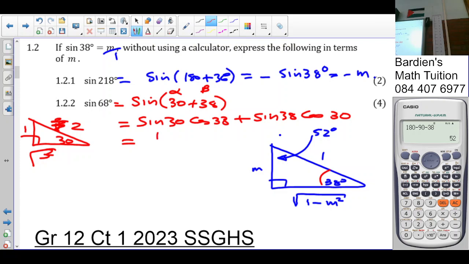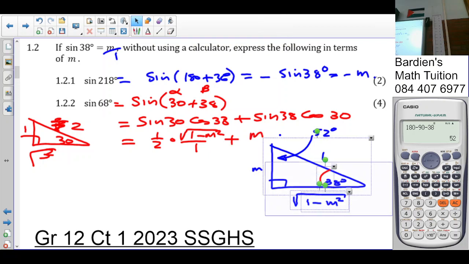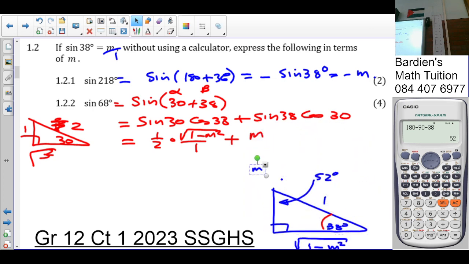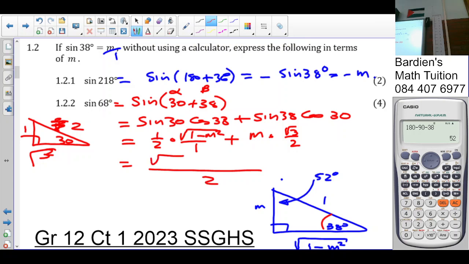So sine of 30 is half, times cos of 38, which is adjacent over hypotenuse, the square root of 1 minus m squared over 1, plus sine of 38, which is m, times cos of 30, which is root 3 over 2. As you can see, the denominator is the same throughout. So it's going to be 2 root 1 minus m squared plus root 3 m over 2.